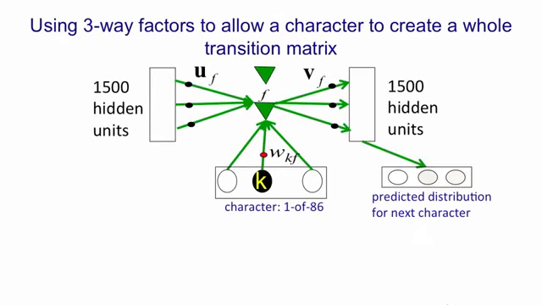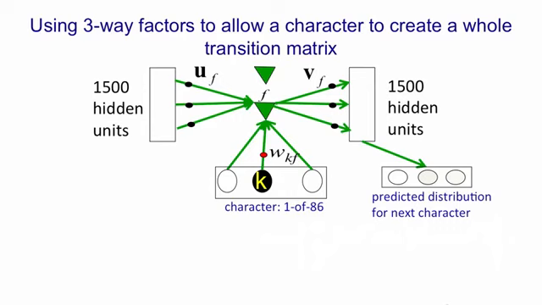So here's a picture of the whole system. We have a number of factors. In fact, we'll have about 1,500 factors. And the character input is different in that only one of those is active. So there'll only be one relevant weight at a time.